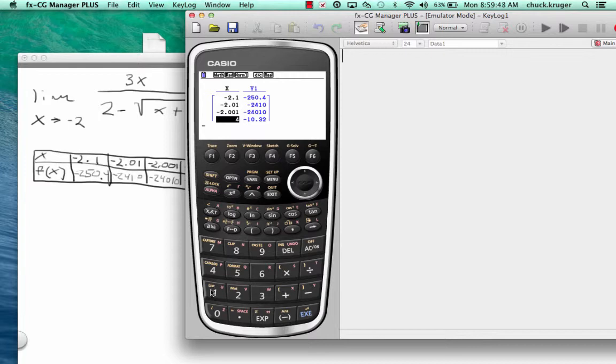I'm going to put negative 1.9 because I'm approaching it from the right.